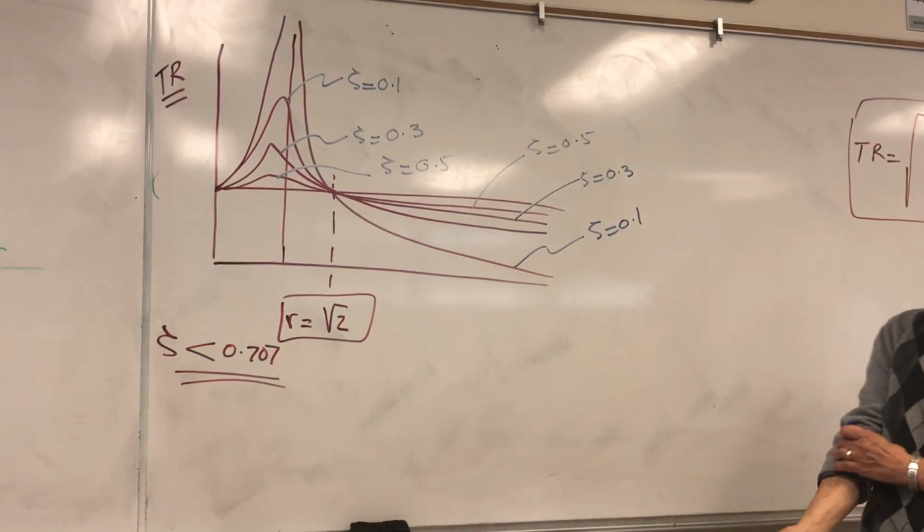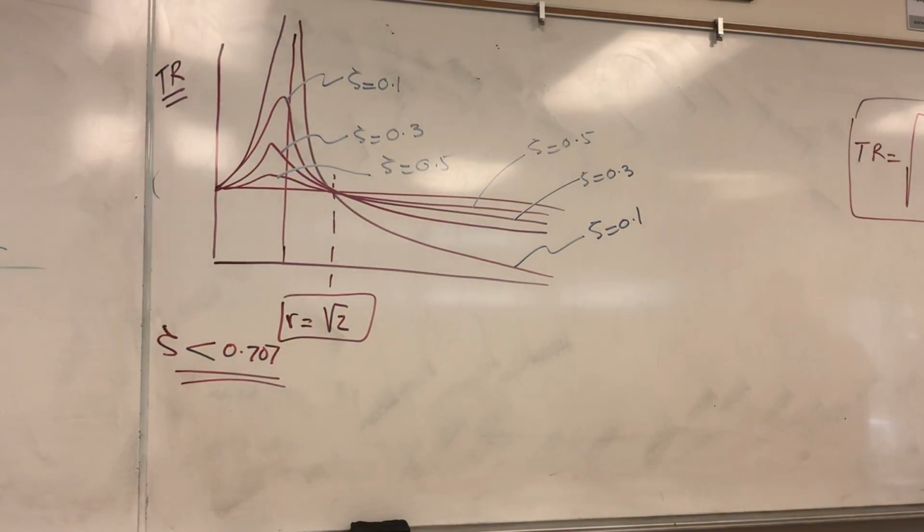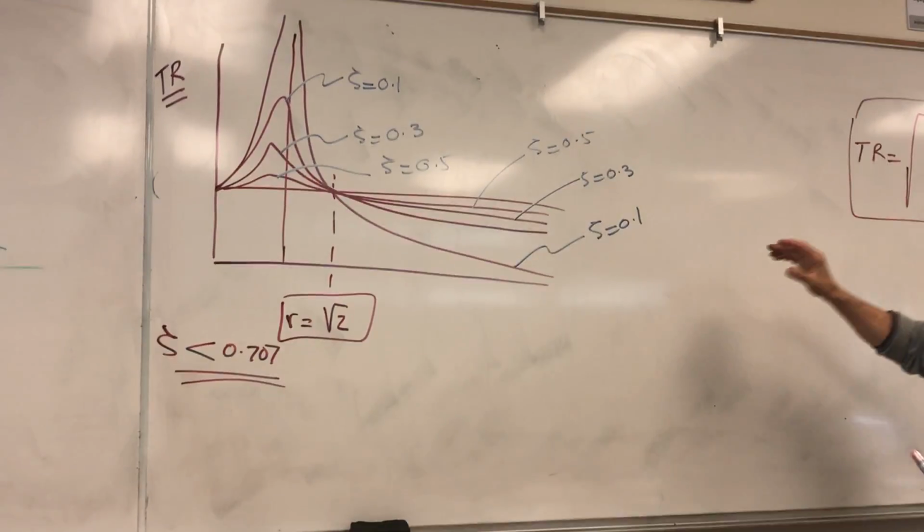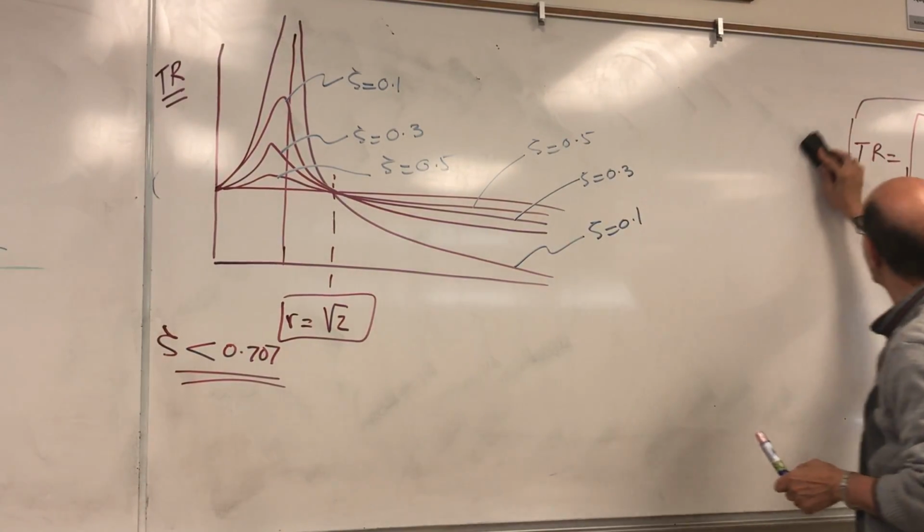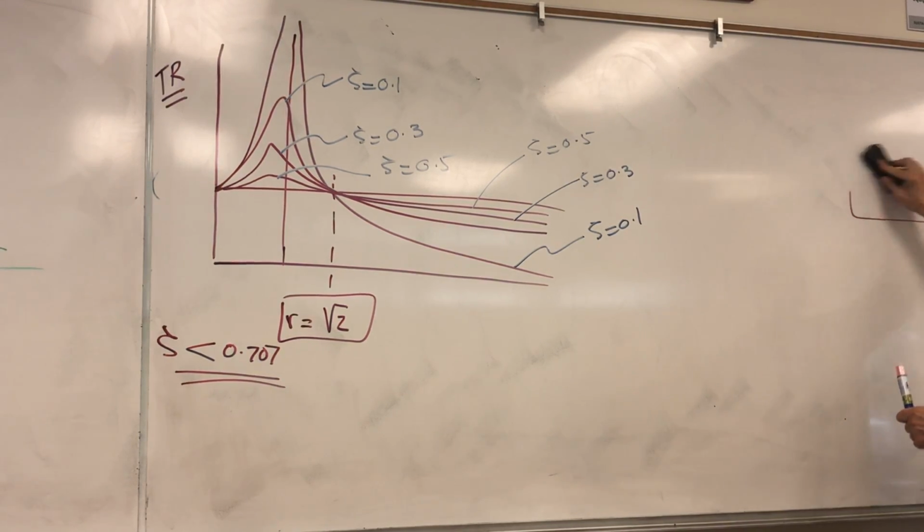If you really study this curve carefully, there are a number of observations you can make. So let me summarize them and write them down. We plotted it, so you don't need this anymore.